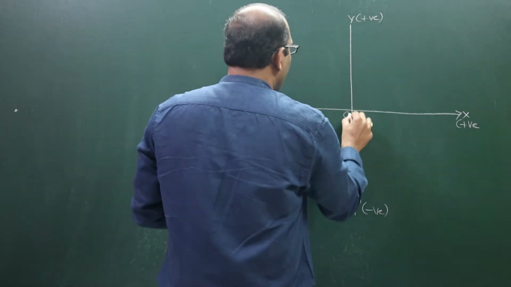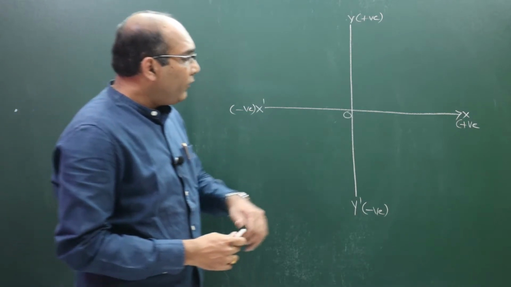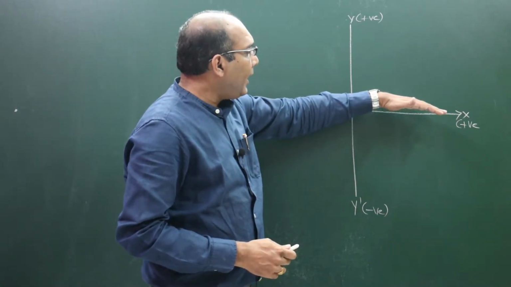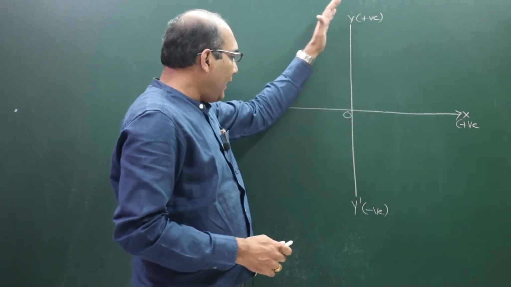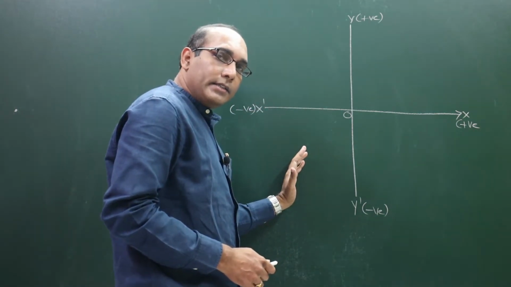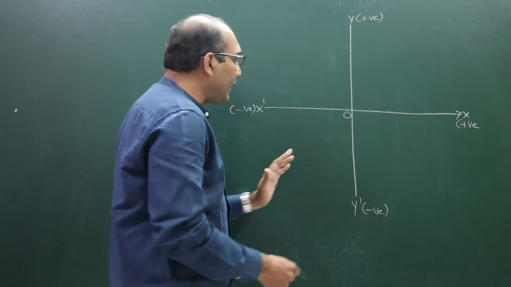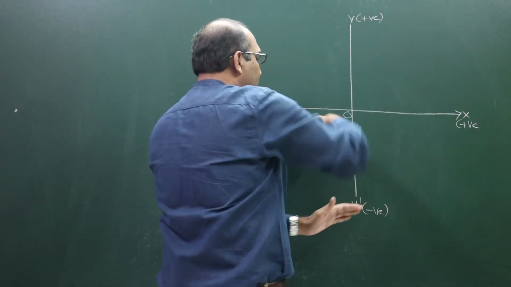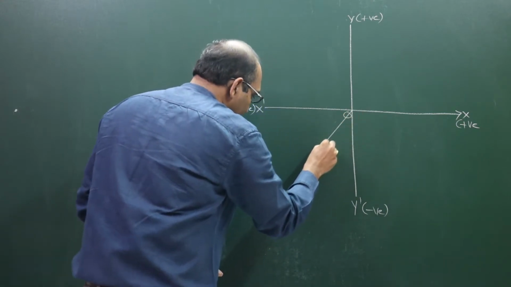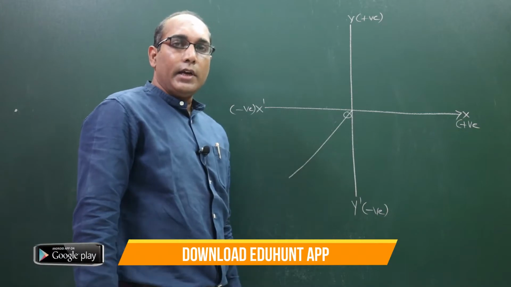The intersection of these two is the origin. Now, if OX is rotated in the anti-clockwise sense and reaches the third quadrant, that is when the terminal side lies in the third quadrant, something like this. That is the terminal side.